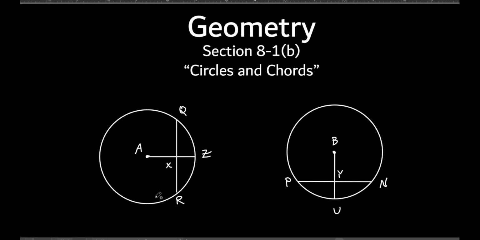All right. It says two chords are congruent. Which ones are the chords here? What is the chord on this first circle? Give me letters. It'd be line segment QR. That would be the chord. Is AZ a chord? No, AZ is the radius, okay? What's the chord over here? PN.